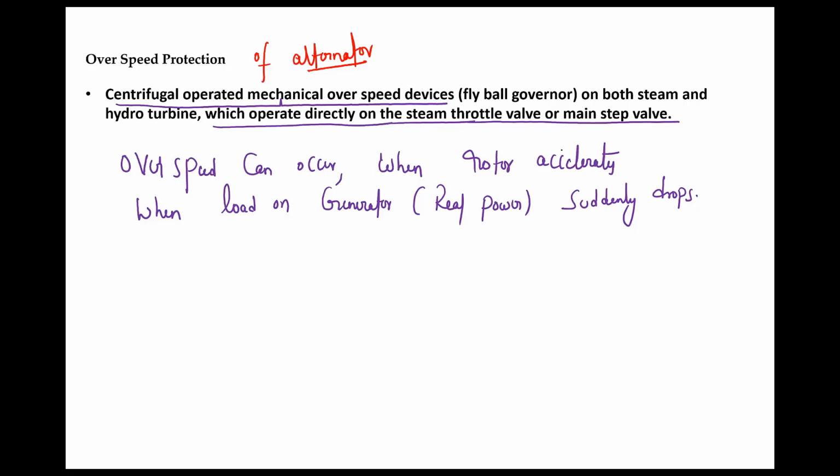So in this case, the control is mainly done on the turbine side by using some centrifugal operated device. That means they connect an additional device on the rotor shaft. This centrifugal device will attain more kinetic energy and it will reduce the speed of the shaft.